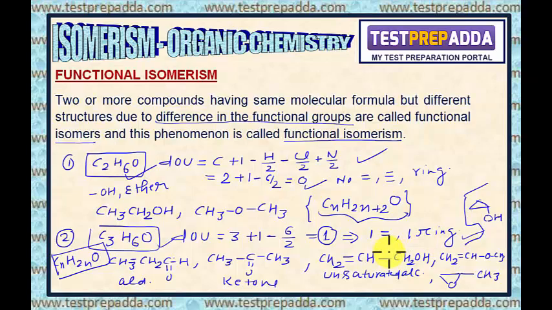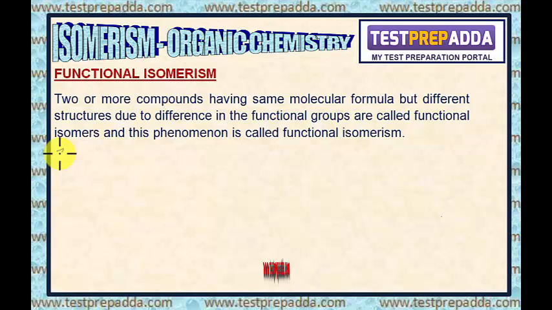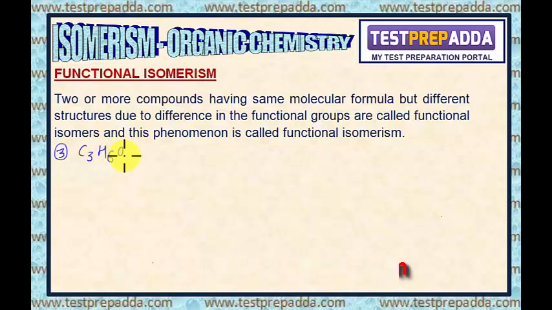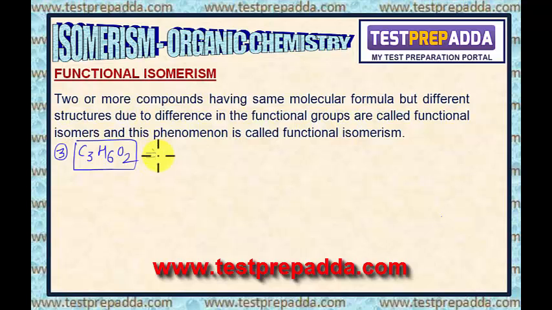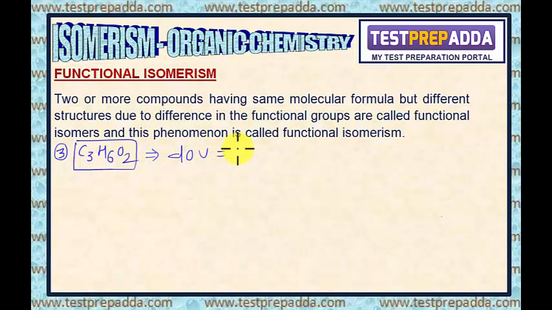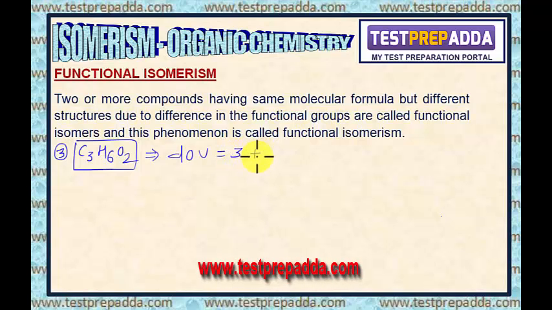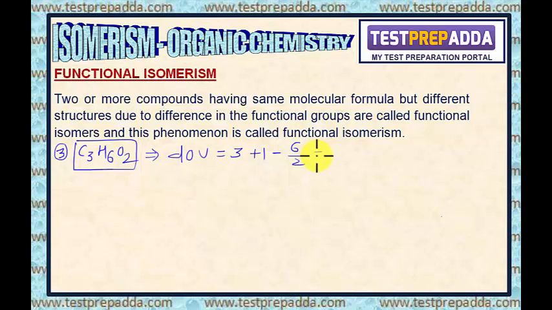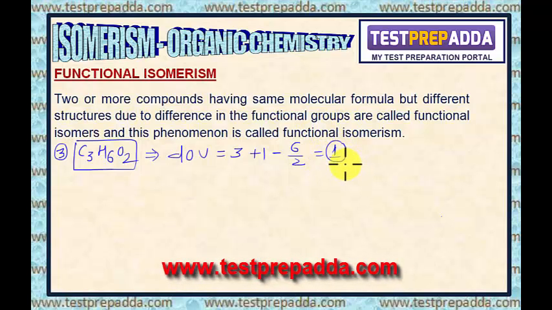I'll take another case. Consider C3H6O2. Now two oxygen atoms are here. First of all, find the degree of unsaturation. The degree of unsaturation will be 3 plus 1 minus 6 by 2, and that comes as 1. 1 degree of unsaturation.